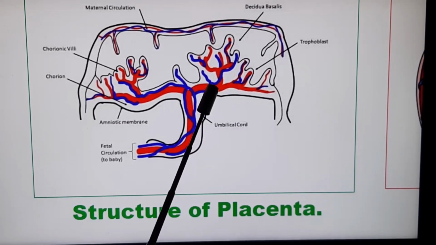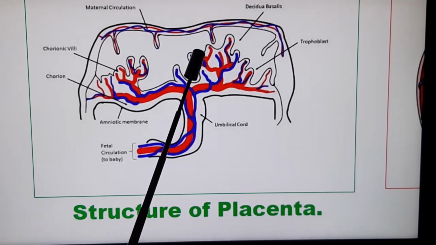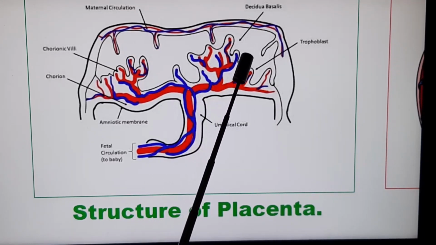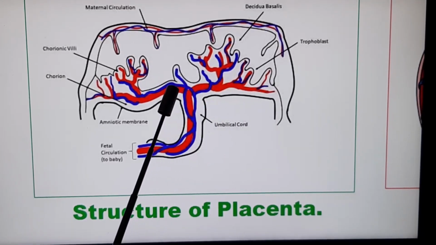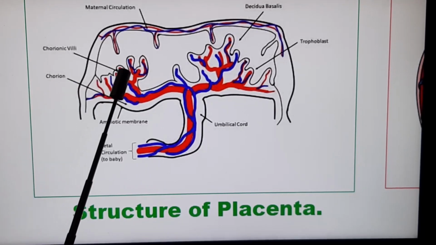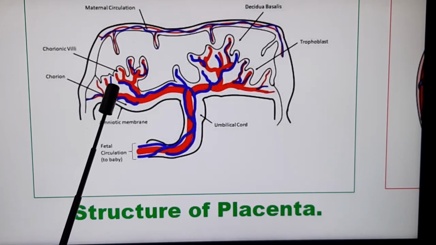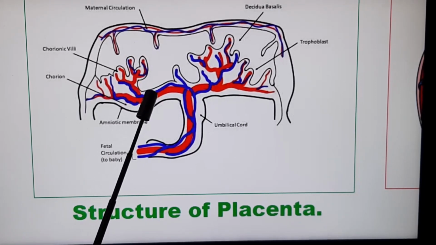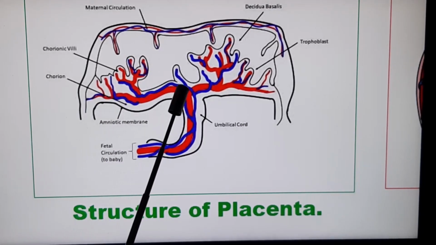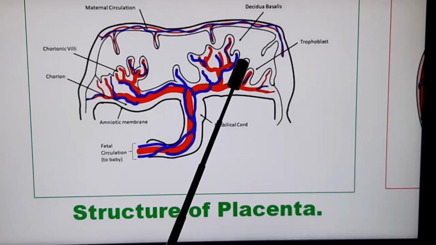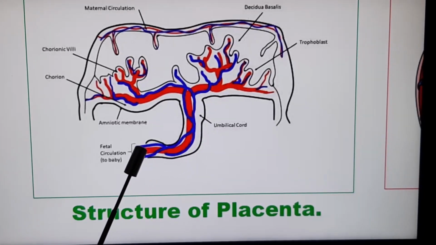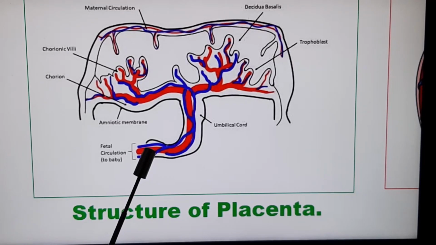From there, the trophoblast layer forms the chorionic villi, and you can see the chorionic villi, and this is the chorion, which is enriched in blood capillaries. Those blood capillaries are joined together from all the chorionic villi, and it is moving through the umbilical cord.